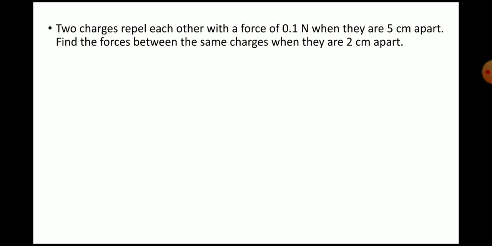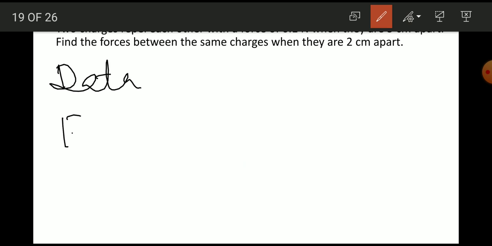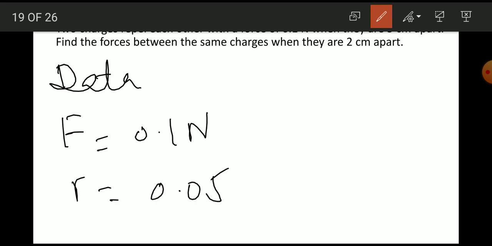Now the next question is: two charges repel each other with a force of 0.1 newton when they are 5 centimeters apart. Force is 0.1 newton. Distance is 5 centimeters, which I converted directly into meters.